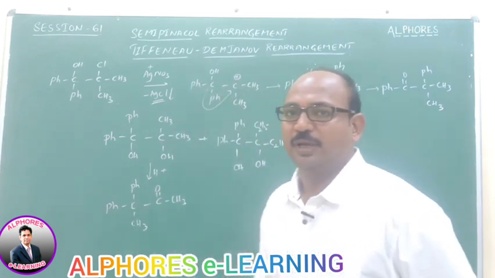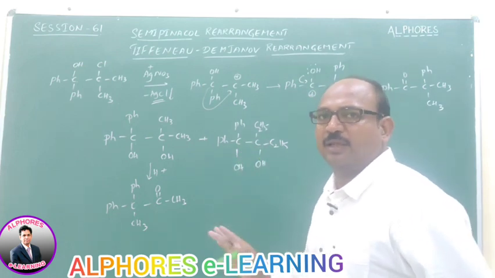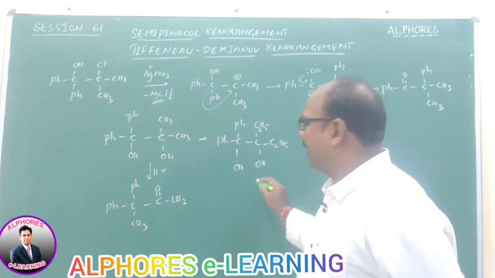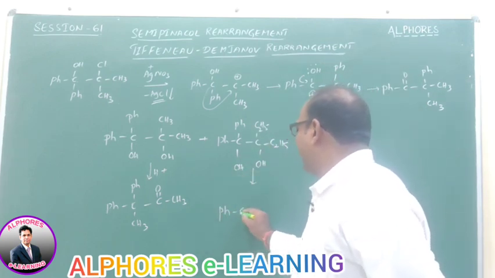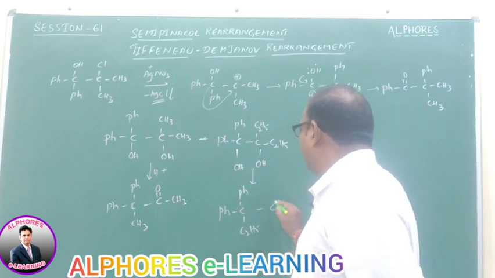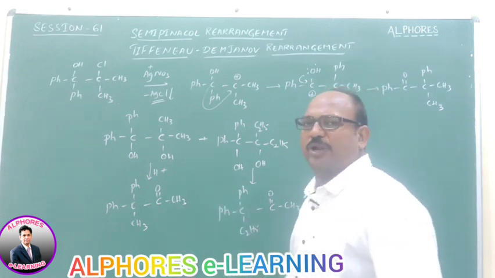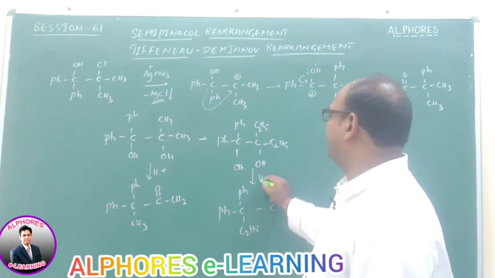This will be the product. Now, if this compound alone is involved in the reaction, again this OH group gets protonated, OH2 plus will leave, then ethyl migration takes place. In such a case, Ph, C2H5, C double bond O, CH3. These two are the products if these two are the reactants individually upon acidification.